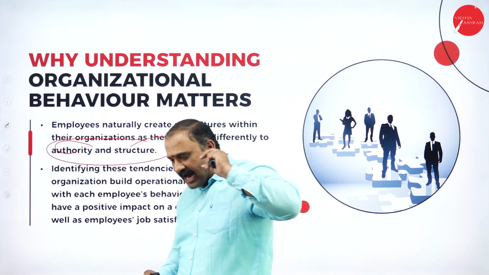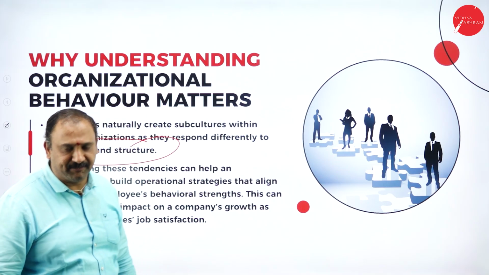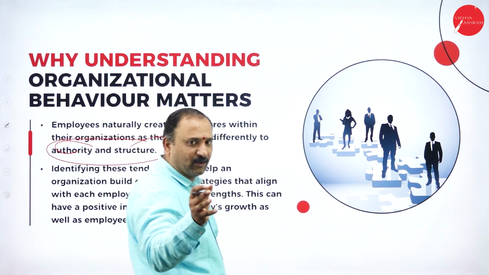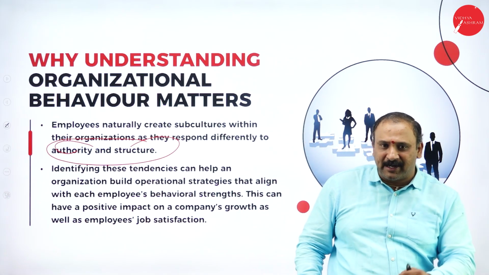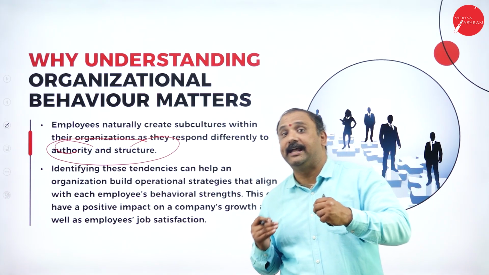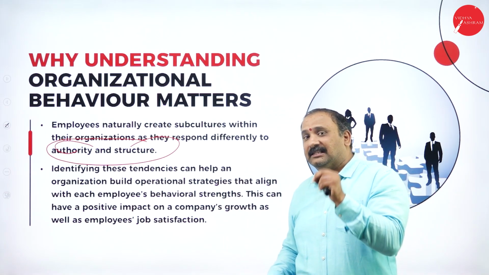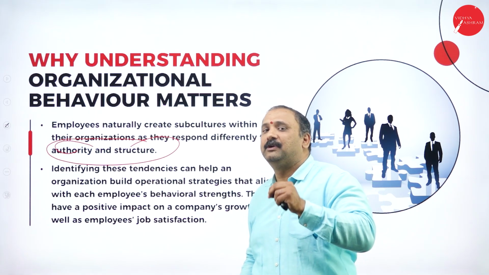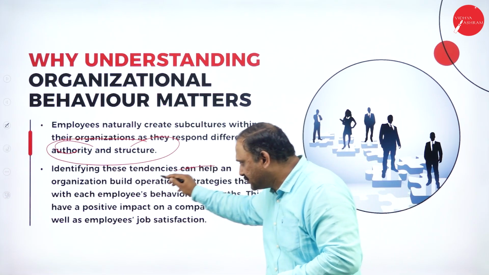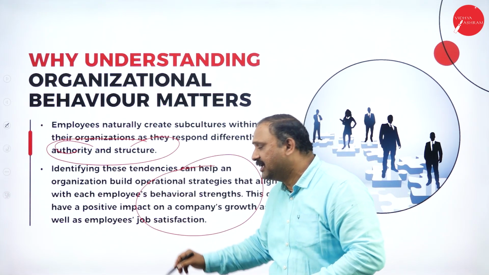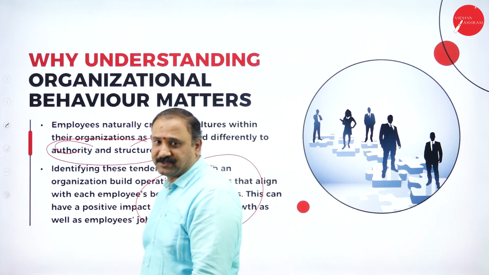So when I say that I'm the vice president of the finance division, I'm the vice president of the marketing division, am I being just given the title of vice president, or am I being given the authority to function as I want so that I can take the group forward? So authority and structure are two important factors that determine how employees will take the group forward. And when you identify the tendencies and the operational strategy with each employee's behavior strength, they will have a positive impact towards the company's growth as well as job satisfaction.